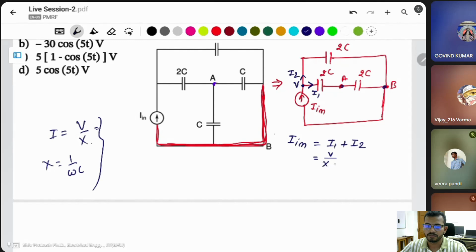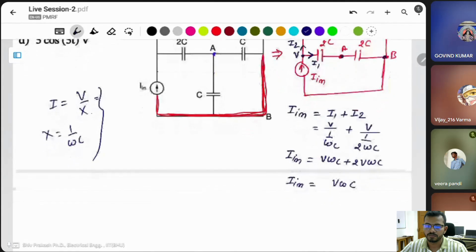I1 is V by XC, that is V omega C, plus V by 1 by 2C, that means 2 V omega C. Then I in is equal to V omega C plus 2 V omega C, so I in is equal to 3 V omega C. Then V omega C is equal to I in by 3.